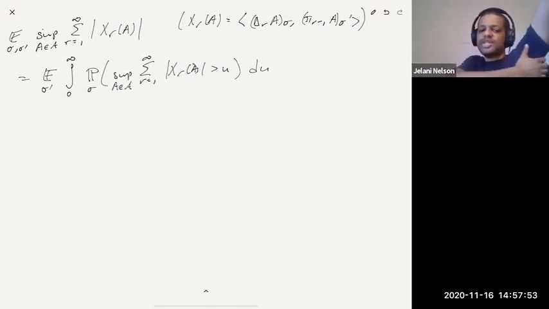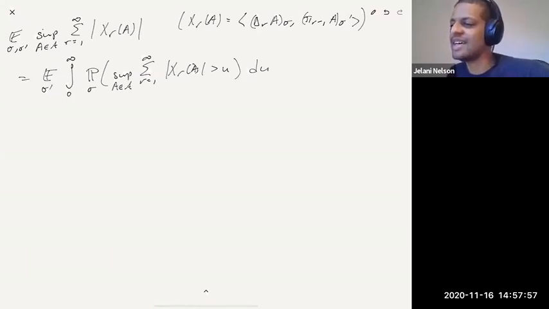And now I can do a change of variables, a sort of magic change of variables. I'm doing it just because it makes the proof work out, but I admit that it is a little bit of magic.